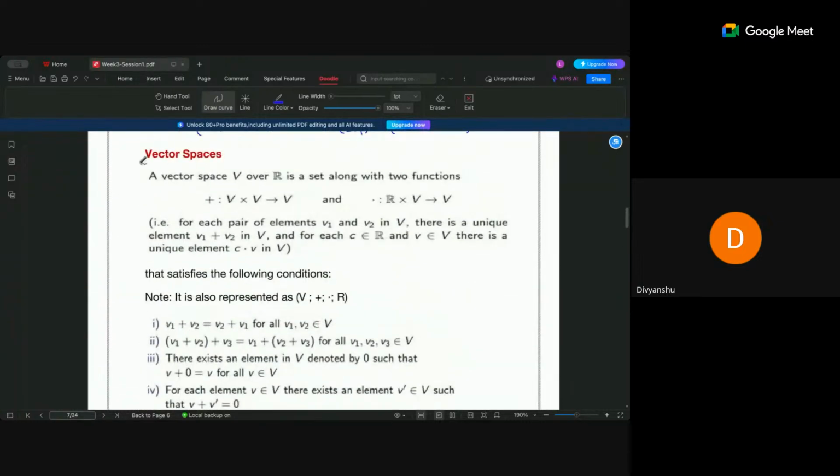You see what the vector space definition is? You have a vector addition, you have a scalar multiplication.